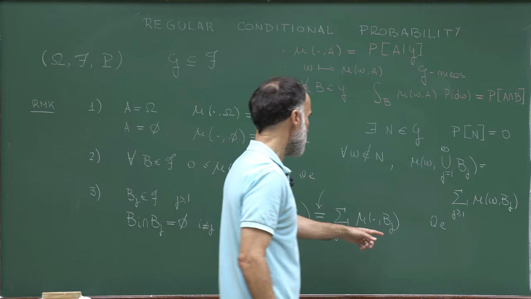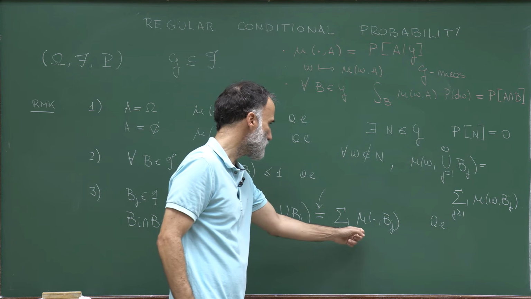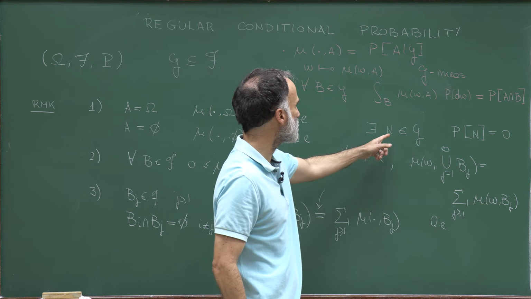This is the meaning of this sentence, that this is equal to that almost everywhere. So that means that there exists a set.